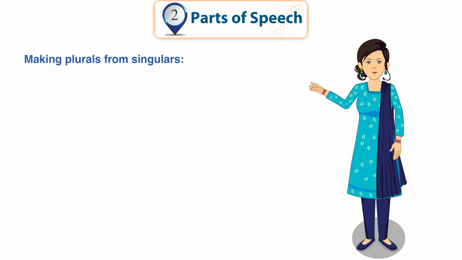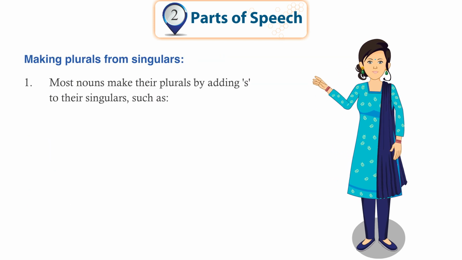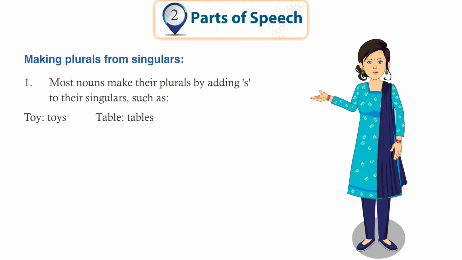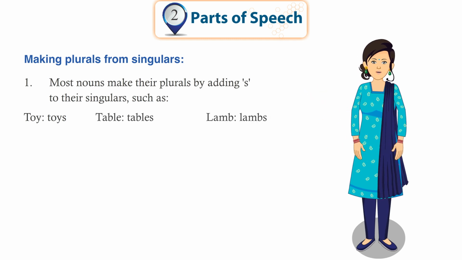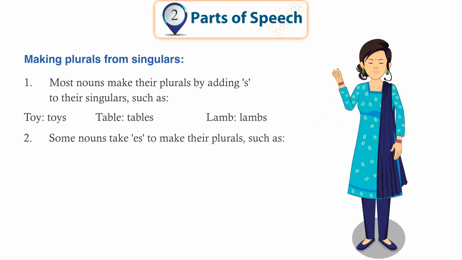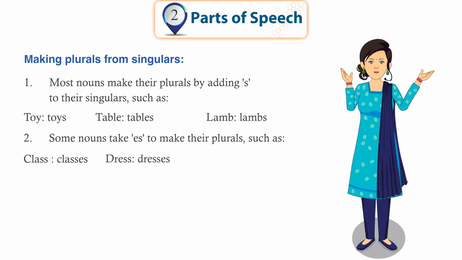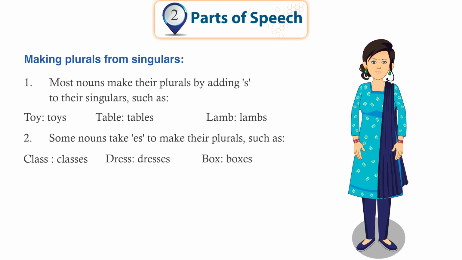Making plurals from singulars. Most nouns make their plurals by adding s to their singulars, such as toy, toys, table, tables, lamb, lambs. Some nouns take es to make their plurals, such as class, classes, dress, dresses, box, boxes.